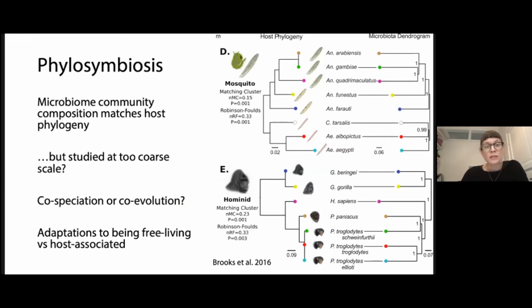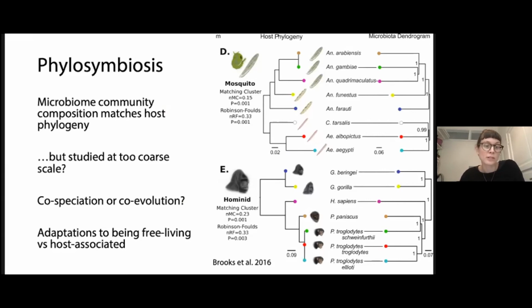Some of the opponents argue that this is studied at too coarse a scale, since they look at 16S to compare which microbes are found in which hosts, and you can't really say anything about whether microbes are closely related from just 16S data.